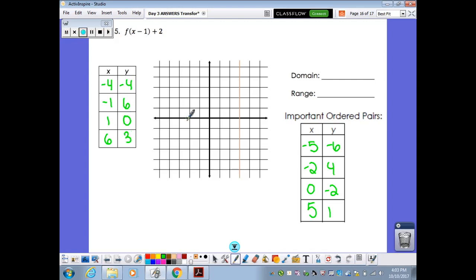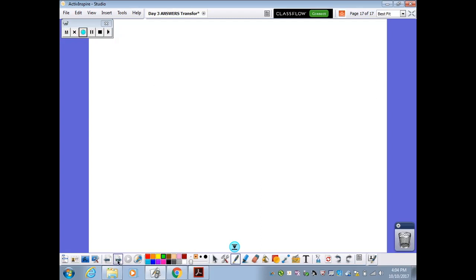And now we graph our new points. Our domain is from negative 4 to 6, and our range is also from negative 4 to 6. And now we are done.